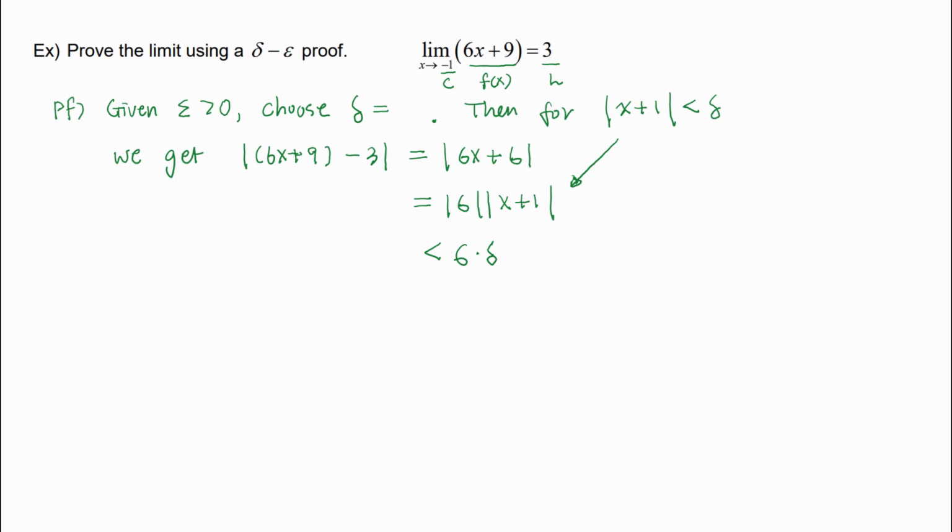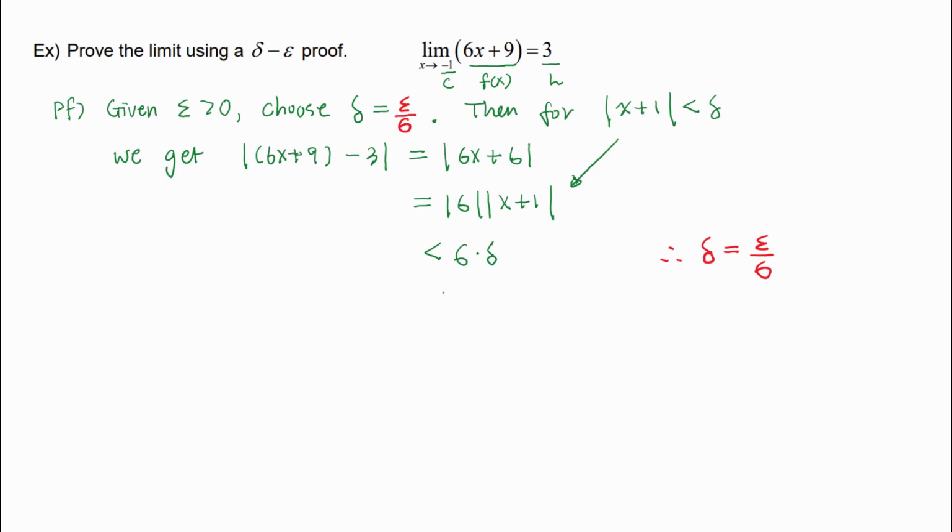And we want this to end up with epsilon. And for delta to end up with epsilon, we can multiply both sides by 1 over 6. And we know our delta then should be equal to epsilon divided by 6. So go back to the beginning of the proof. Choose delta to be epsilon divided by 6. And then I can erase right here since this is the middle of the proof.